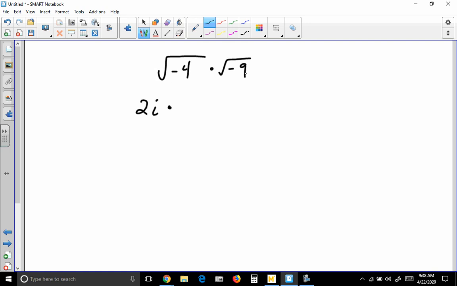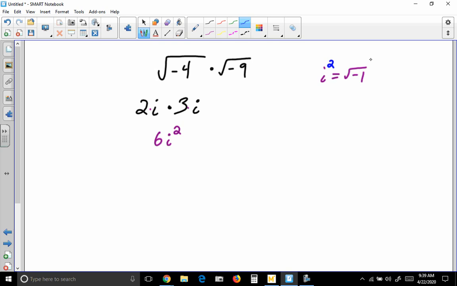For the second one, this is the square root of a negative, so that's imaginary, and the square root of 9 is 3. If we multiply these together, 2 times I times 3 times I, we can multiply the 2 times 3 and the I times I. But what is I squared? If I is the square root of negative 1, then to get what I squared is, we would square that.